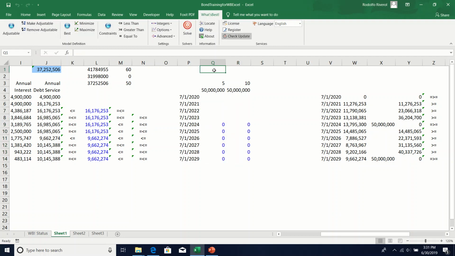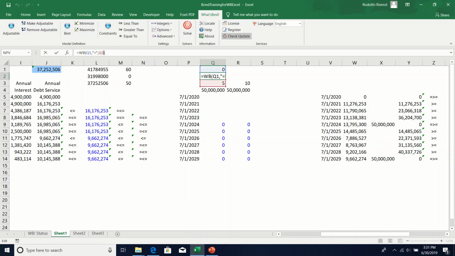Now we need to sum and set a constraint. So here's the sum of our adjustable cells here. And the constraint is equal to, and let's just take a look, it's Q1, and this should be Q4.